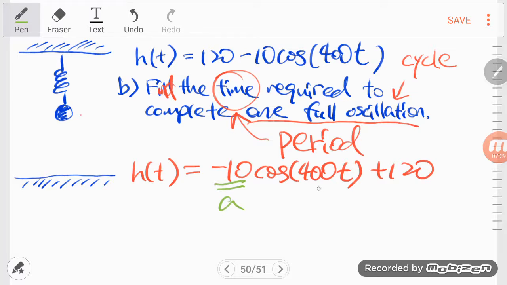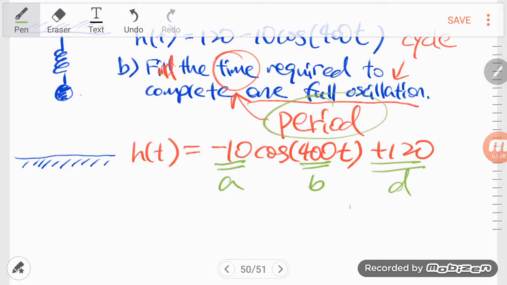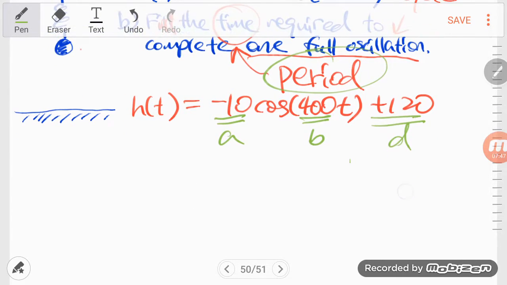This is my A, this is my B, and we don't have a C, and that is my D. If I'm looking for period, is it A, is it B, or is it D that's going to be useful for me? I hope your answer is B, right? Because I know that the period is equal to 2 pi over B.